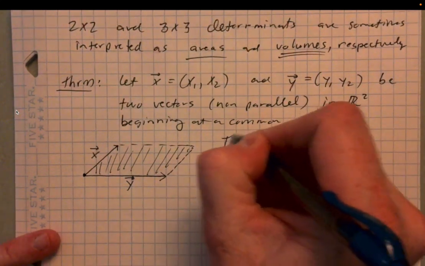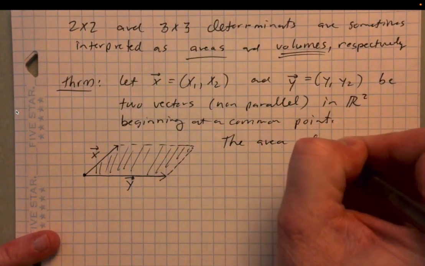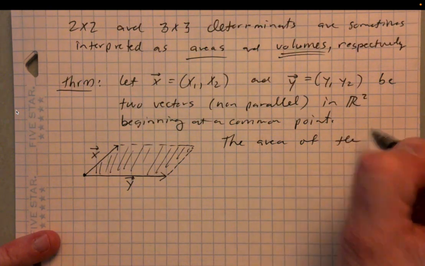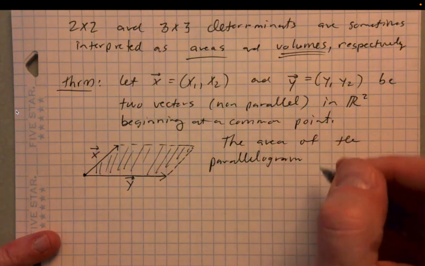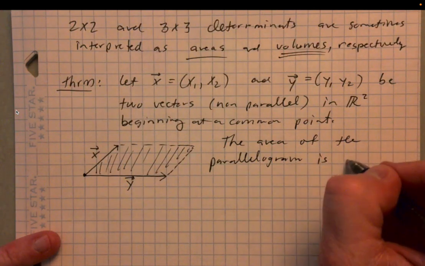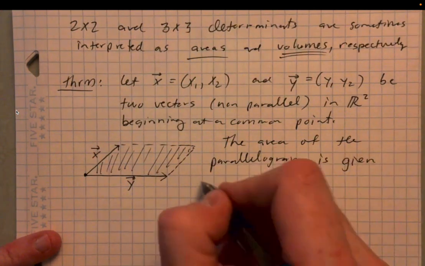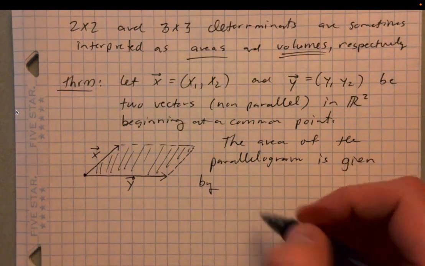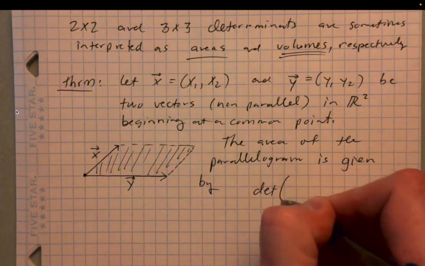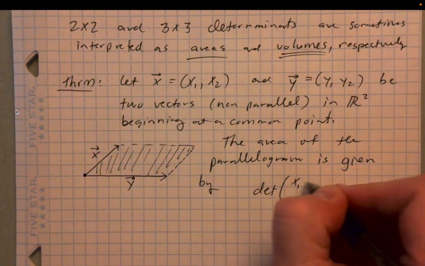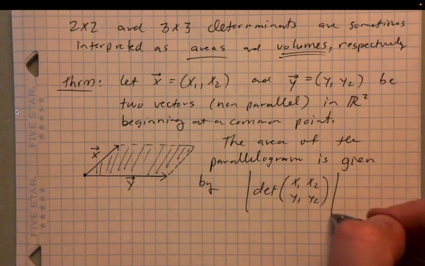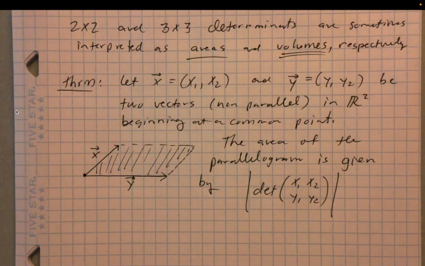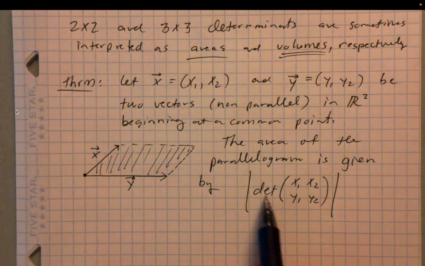So the area of the parallelogram is given by the determinant of the matrix x1, x2, y1, y2, and it's actually the absolute value of that. This is a slightly different notation.